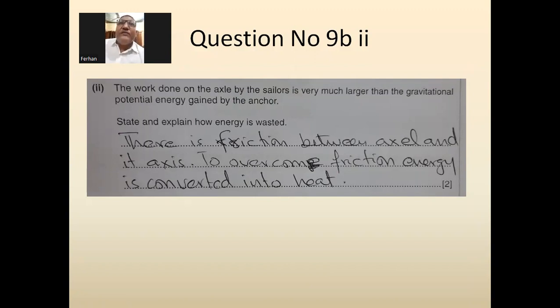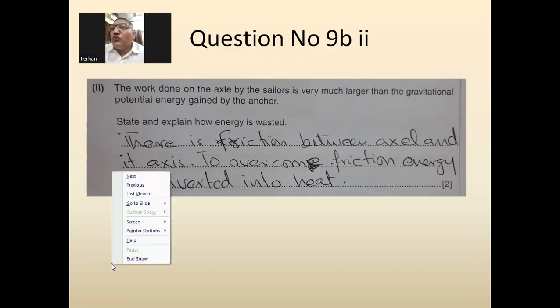For example, the chain which is attached with the anchor also has weight, and that chain is always very heavy. You might have seen in movies that the anchor is attached through an iron chain. So that iron chain is very heavy. They have to lift that chain also with the anchor.